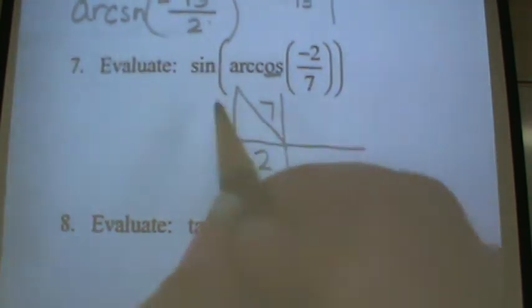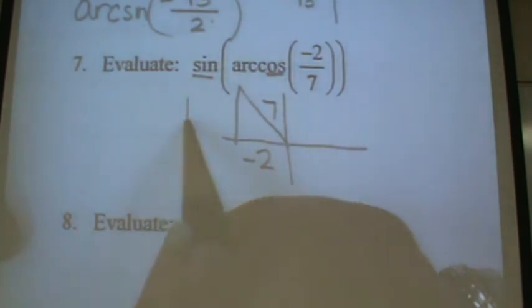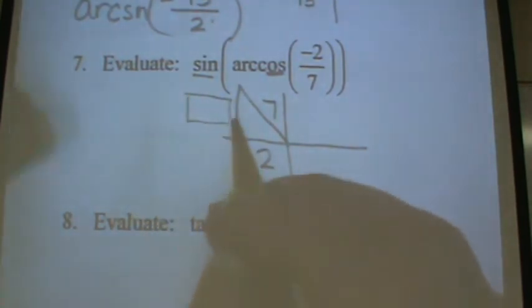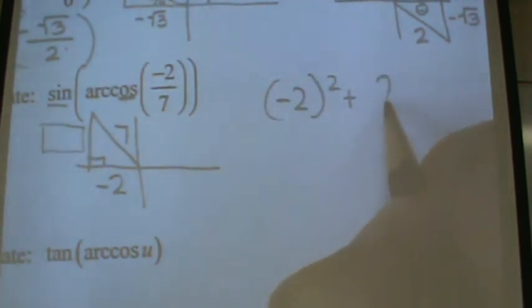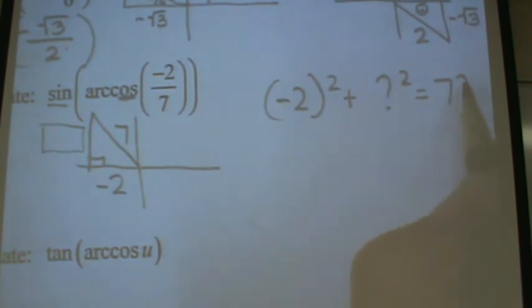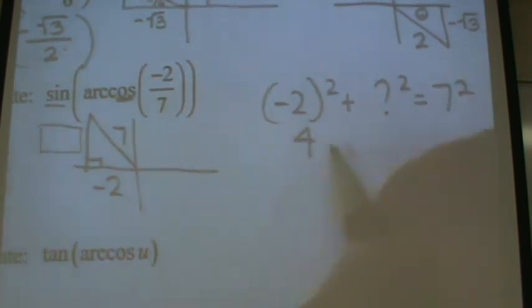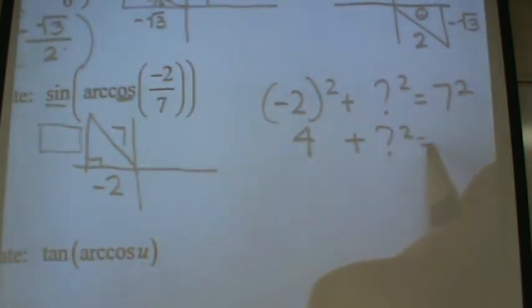So now, what do I have to do? I have to figure out what this side equals using the what theorem? So negative 2 squared plus something squared is equal to 7 squared. 4 plus something squared equals 49.